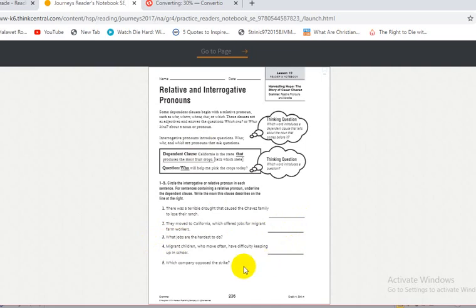Alrighty. Number 4. Migrant children who move often have difficulty keeping up in school. So, migrant children have difficulty keeping up in school. That's the independent clause. Here we have who move often.